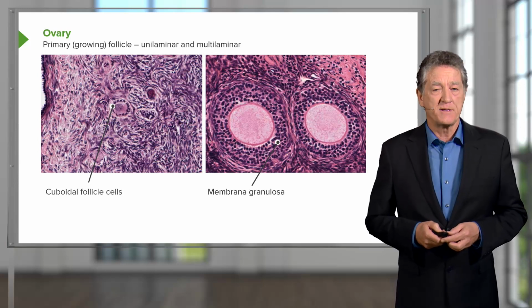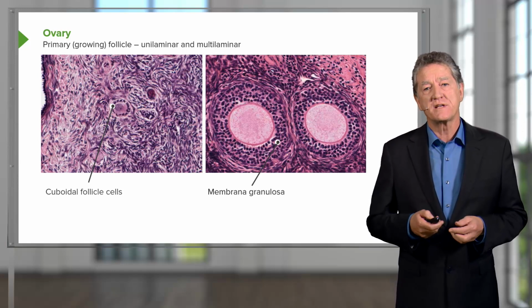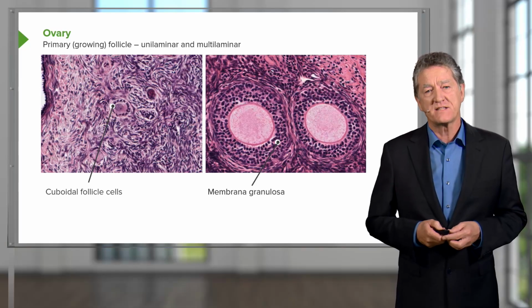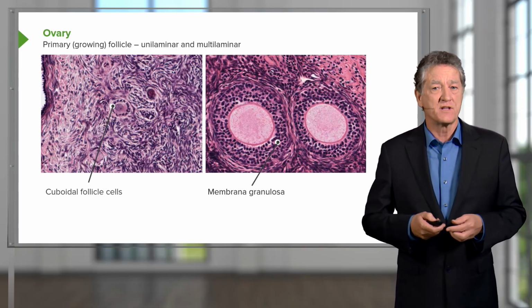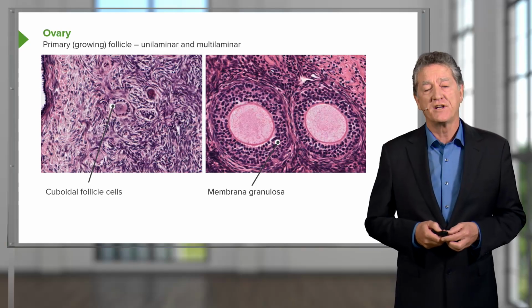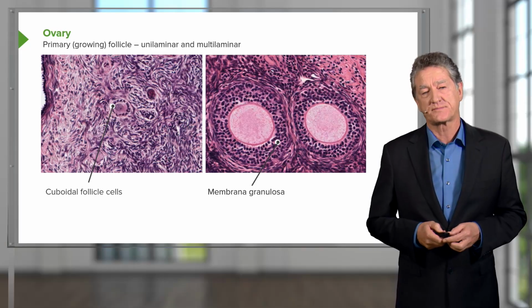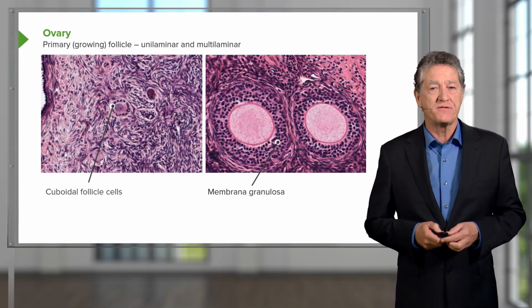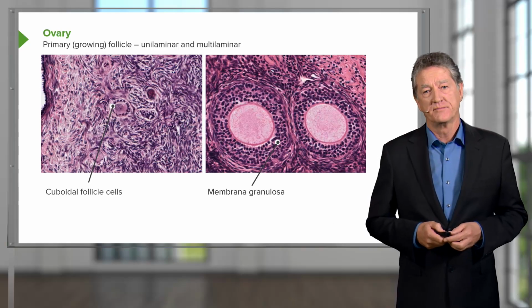And that follicle-stimulating hormone causes these granulosa cells, that they're now called, to multiply, to massively divide. And as they divide, they give rise to the membrana granulosa you see there, multi-layers of these granulosa cells. And those cells also, under the influence of FSH, produce estrogens.